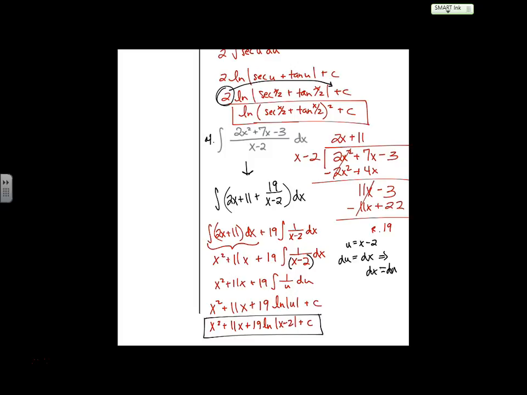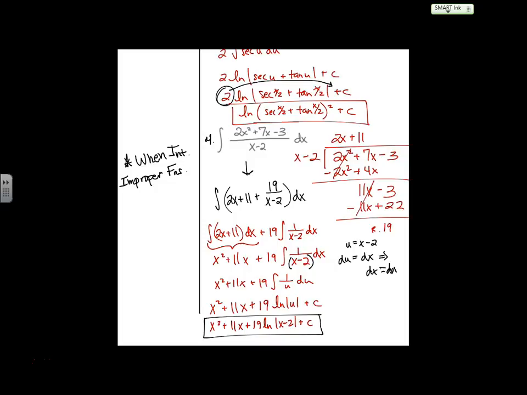Long division. When do we, off to the side, you guys know INT is integrating, right? When integrating improper fractions, rational functions that are top heavy, I'm going to say improper functions because it's not just a fraction.